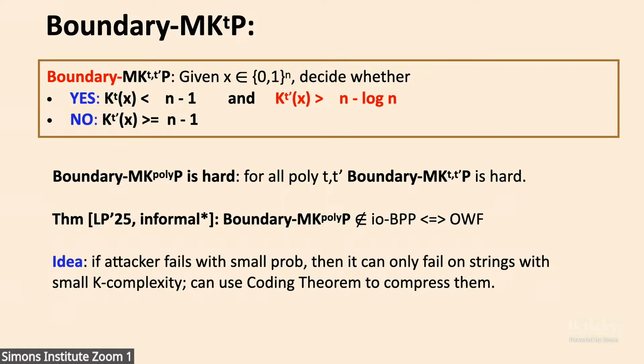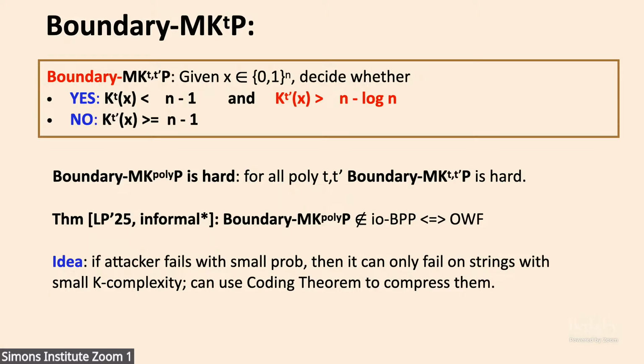Again, I'm not going to go into it at all, but the idea of the proof, and this again is a non-black box technique, says the following. Let's look at the construction from before. You have an attacker that breaks the money function. He's going to succeed in deciding KT, but there is a small fraction of instances on which he can fail.